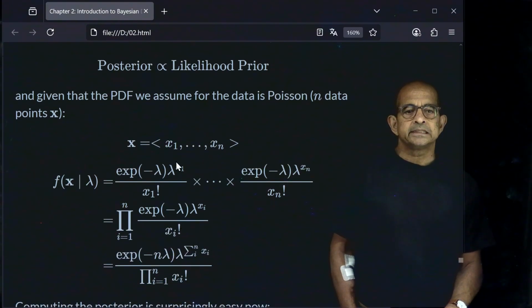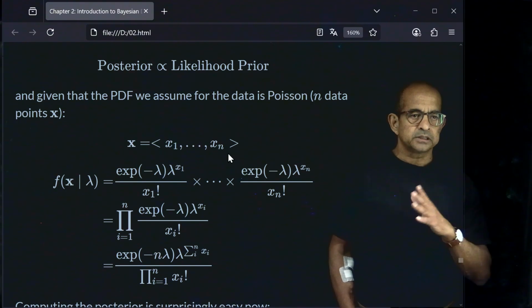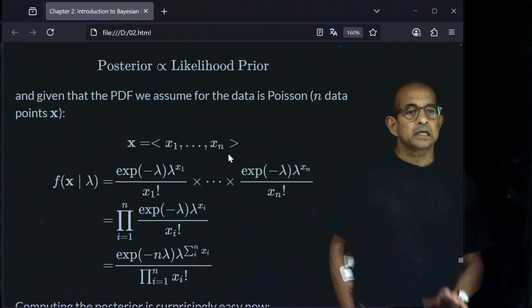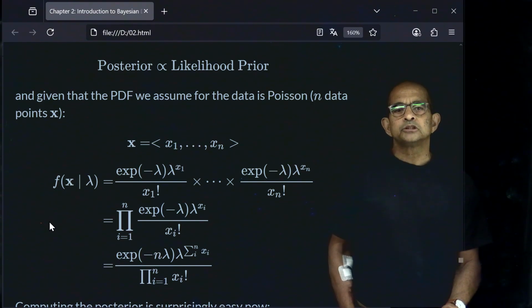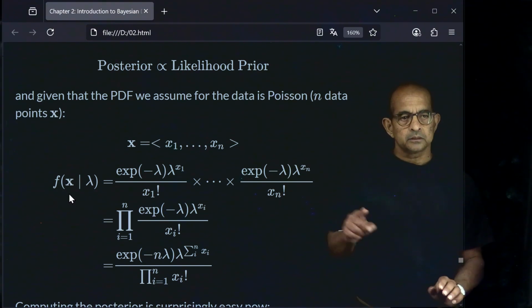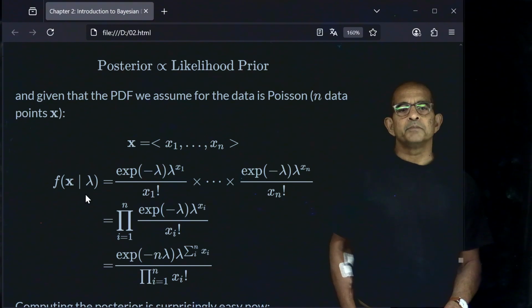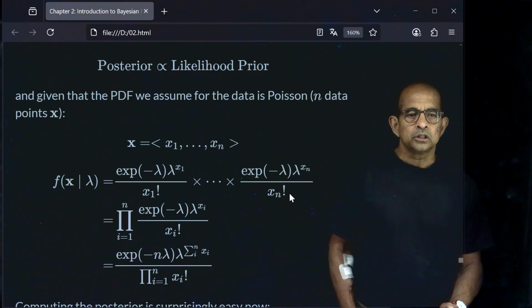So I'm assuming that these data, which are discrete numbers like 0, 1, 2, etc., are coming from a Poisson. What that means is that I'm assuming this vector, boldface x, is coming from this probability density function, which is described here. What you're seeing on the right-hand side is a product of n terms.